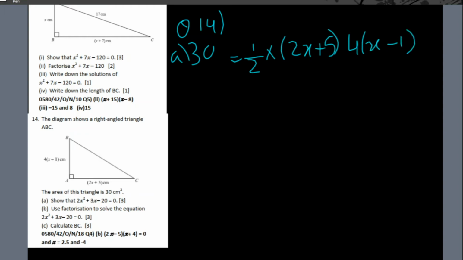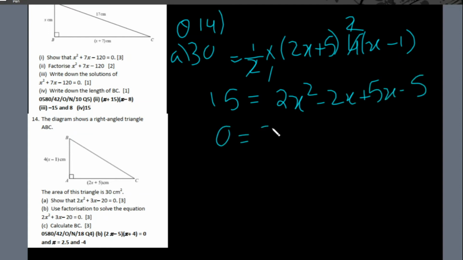Let's cancel these, this becomes 2, this becomes 1, then 30 divided by 2 is 15. Open the bracket here: 2x square minus 2x plus 5x minus 5. This becomes 0 equals 2x square plus 3x minus 20. This is what we were supposed to show.